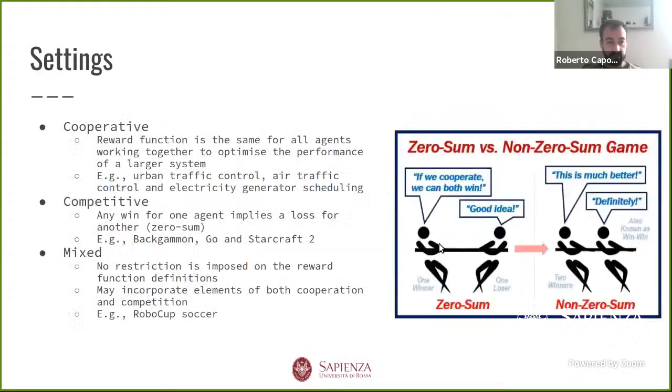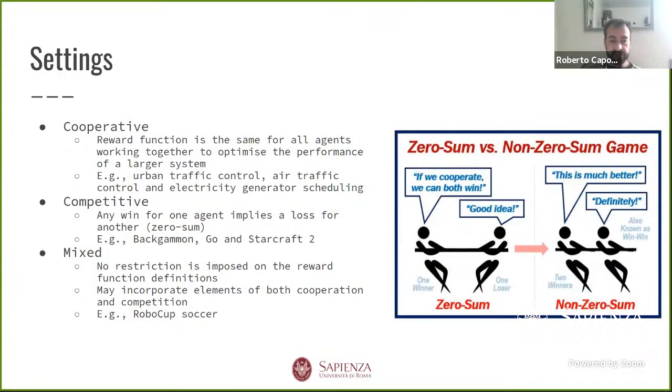In collaborative problems, the reward is the same for all the agents, so they work together to optimize a certain performance of a larger system. You can think of this like, for example, urban traffic control, air traffic control, electricity generator scheduling, but even more simply, exactly the task that I was describing before, like two agents that have to collaborate to bring an object to a certain location.